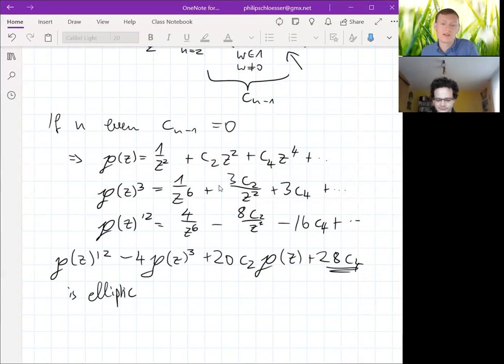And lastly, this thing ensures that the 0 order terms also cancel. So we have an elliptic function with no poles, meaning that it has to be constant. But since all of the 0th order terms cancel, it is 0.